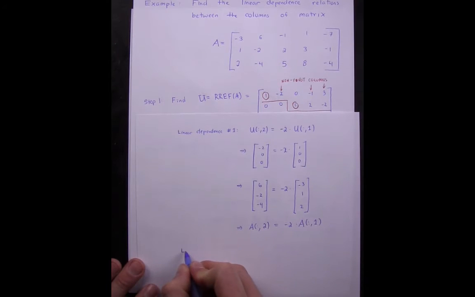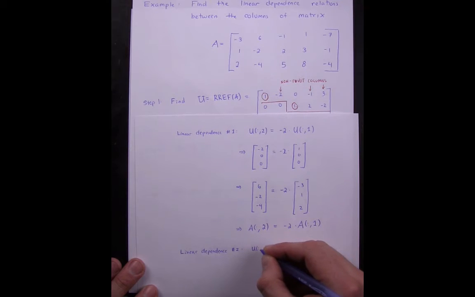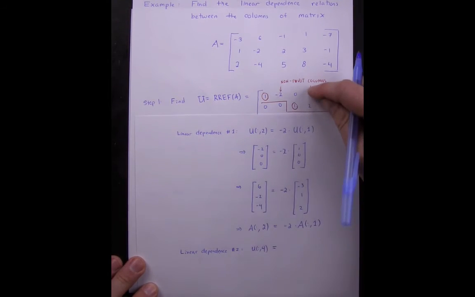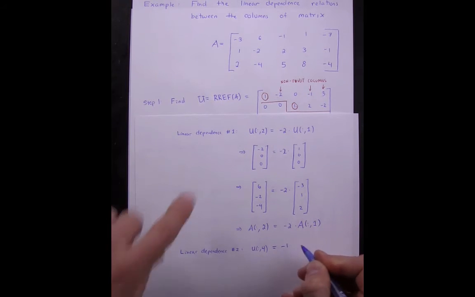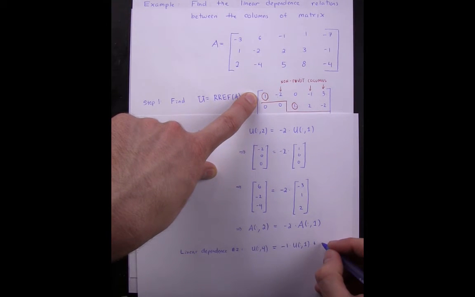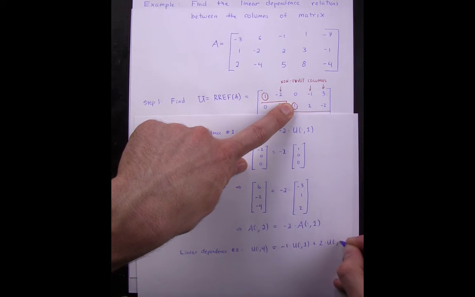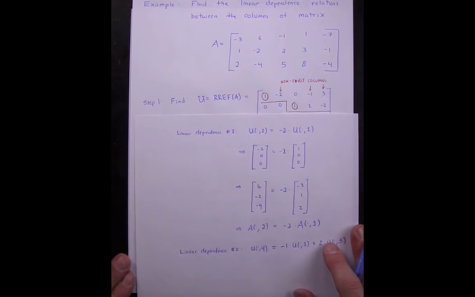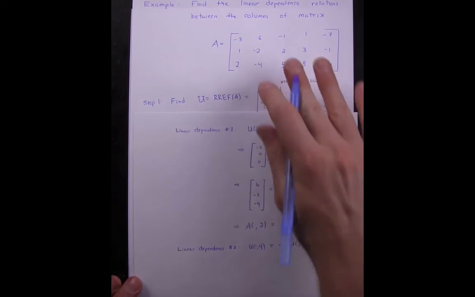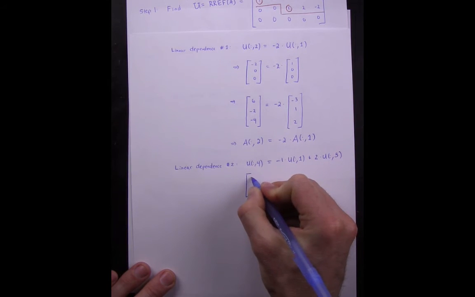Here we see that the second linear dependence relation is given immediately by the fourth column of U is a linear combination of the two pivot columns. Two times 1, right? For longevity's sake, let's go ahead and list out the statement that was made as a vector.